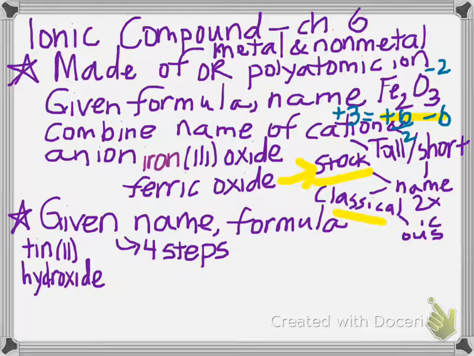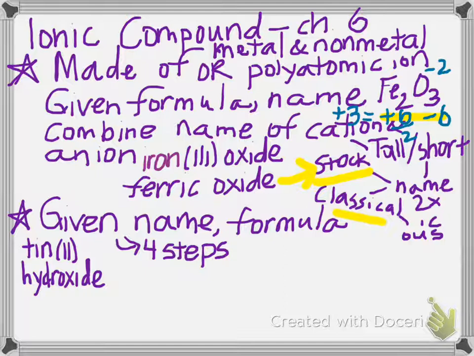Now crisscross: we're only crisscrossing the number from the charge, not the positive or negative. And if we have a polyatomic ion and we need more than one of them, you have to use parentheses. Then we always make sure it's the lowest whole number ratio.